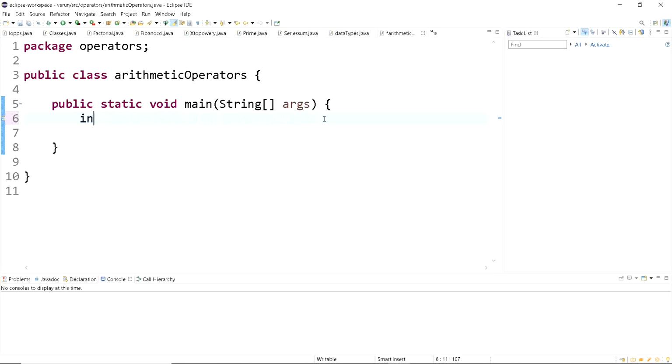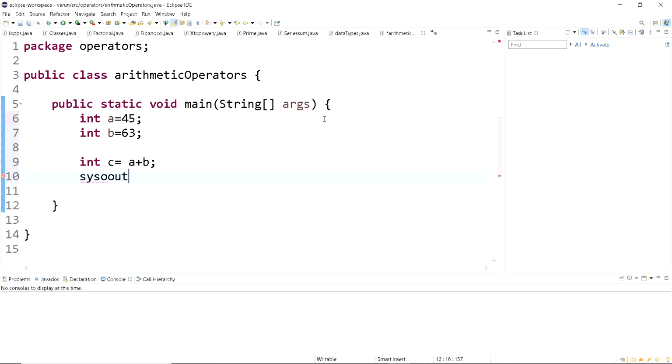Now let us consider int a equals 45, b equals 63. Now we'll consider one more variable called c, which equals a plus b.